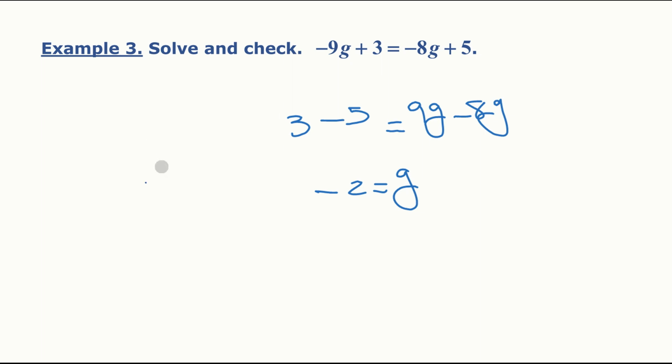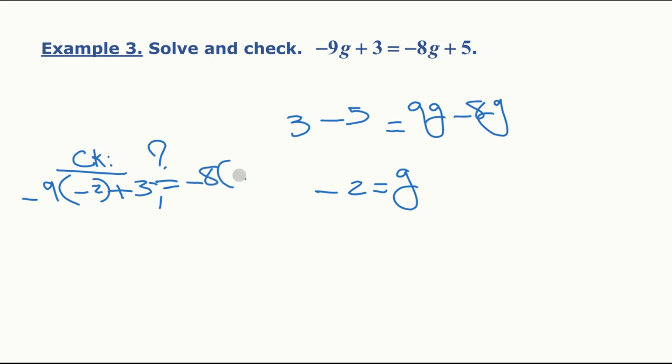So we're going to write -4 times -2 plus 3. We want to know if that's equal to -8 times -2 plus 5. Again, notice we have a question mark because we're checking.